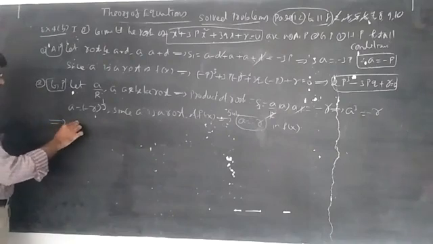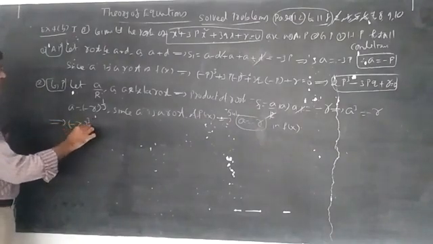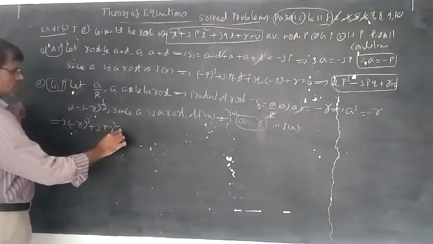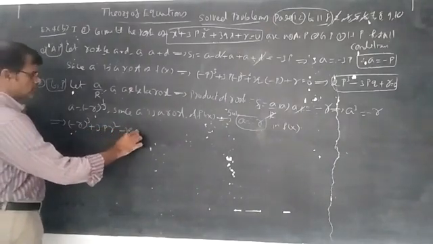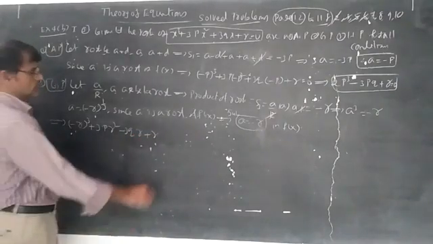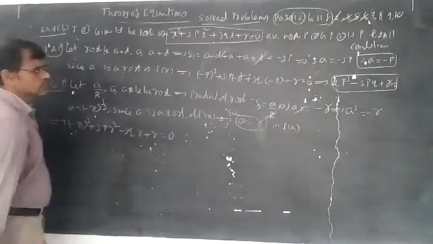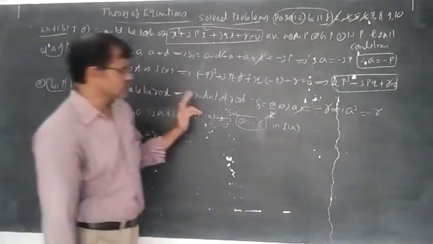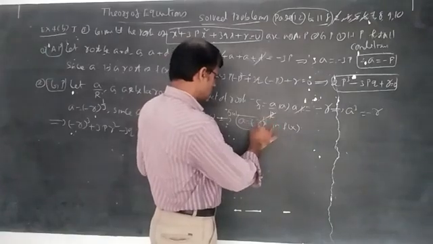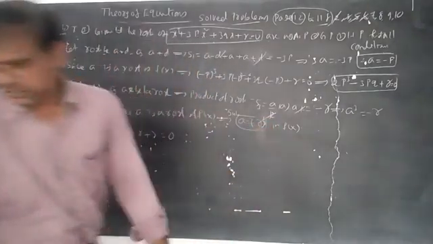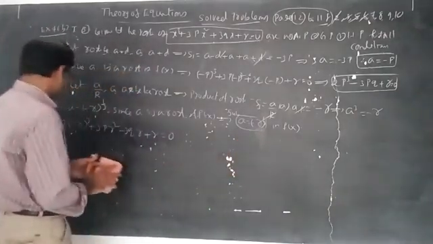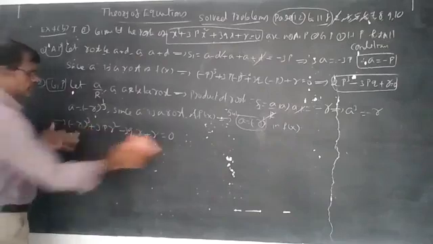So it becomes minus r whole cube plus 3p into r square minus 3q into r plus r is equal to 0. Students, a is not equal to minus r here; a is equal to minus r whole power 1 by 3. You should write a is equal to minus r whole power 1 by 3.